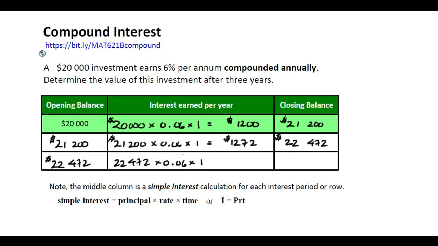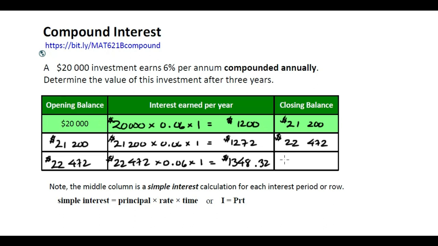And note the agreement: annual interest, number of years, and our simple interest calculation. We should see a slightly bigger interest amount, not just $1,272 anymore, but now we're up to $1,348. I'm just going to round to the nearest penny. Nearest penny is good enough.